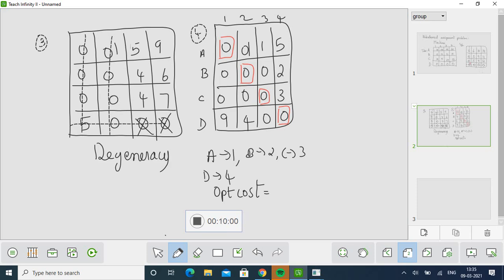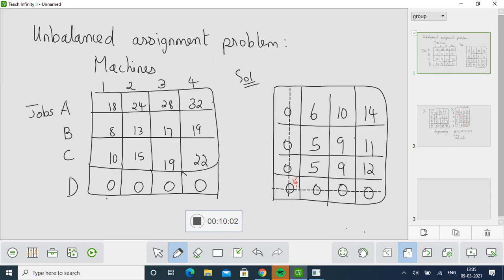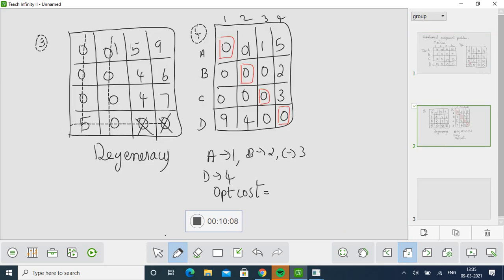The original table is here in my first slide. So 18 plus 13 plus 19 plus 0. Am I correct? Check and tell me what value you get. 9 plus 3, 12 plus 8, 20 carry over to rupees 50. So minimum cost is rupees 50.